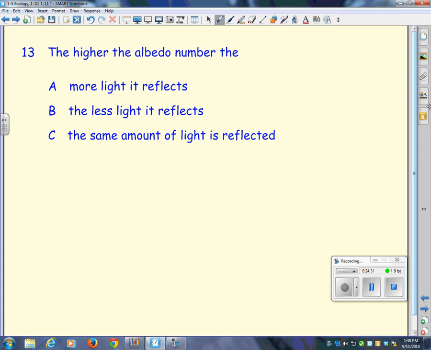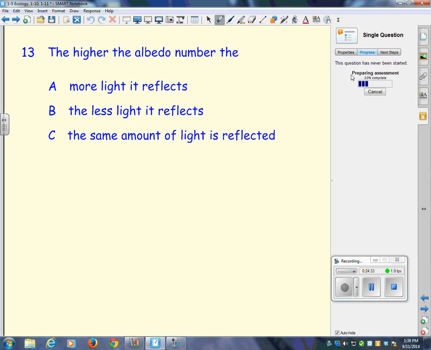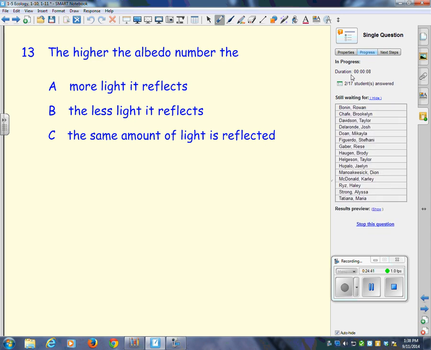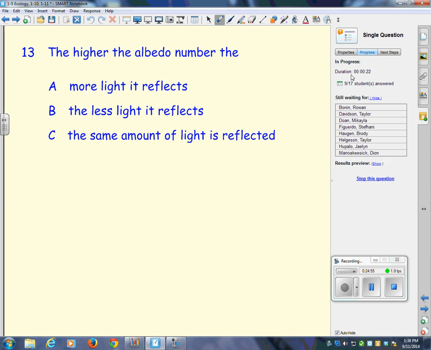So, ladies, we were defining this the other day: the higher the albedo number, is it the more light reflected, the less light reflected, or the same amount of light reflected? The more light, the less light, or the same amount? The higher the albedo number. What was the answer for 12?